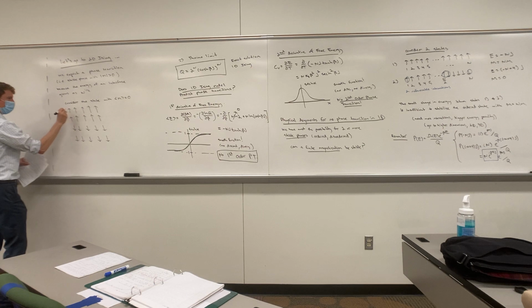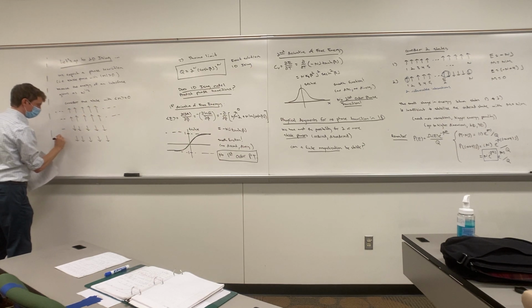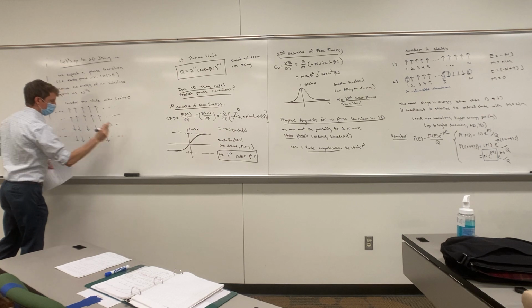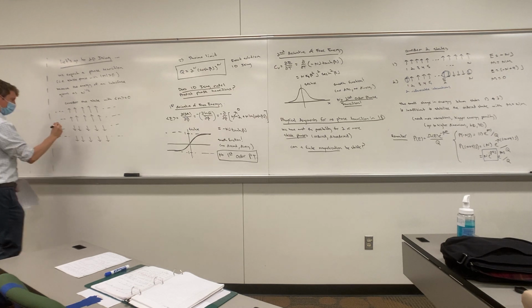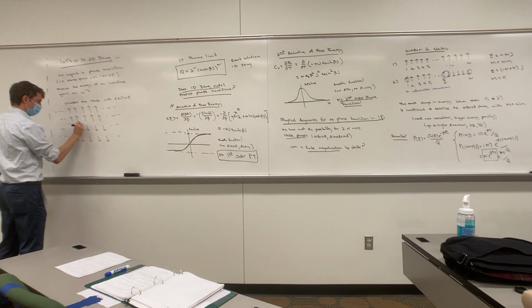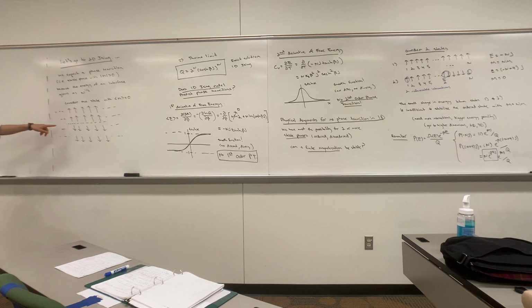Okay, so here's my 2D lattice. And this is the analog of that system I wrote over here. And right here is where I'm breaking my spins, right? And so this state has magnetization 0, okay?